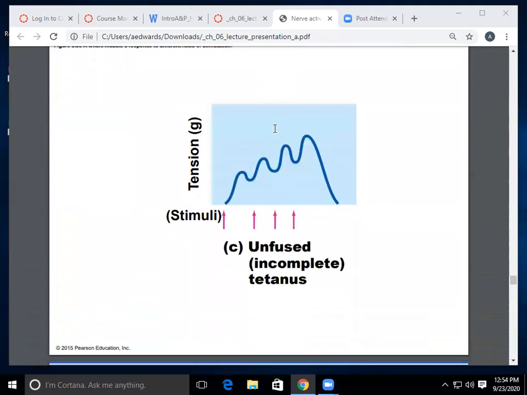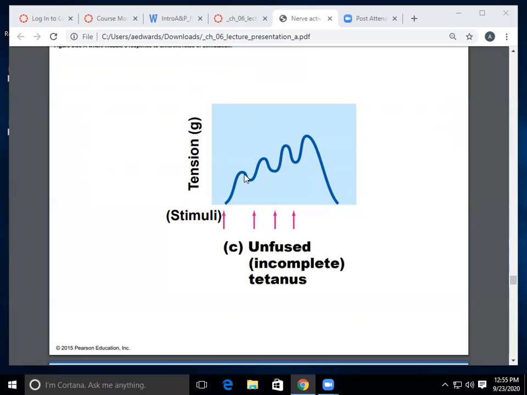And this is what that looks like. Again, this is more rapid than what you would get with summation, but you get an even stronger contraction in terms of the muscle activity.